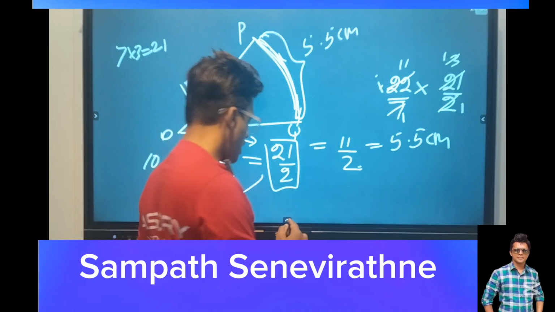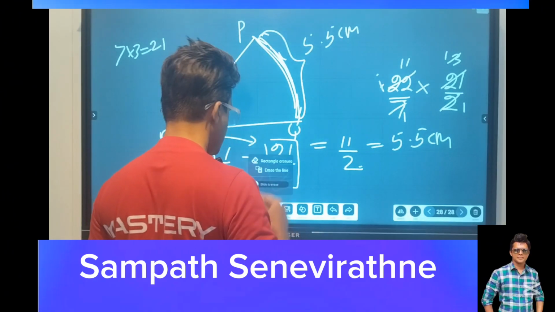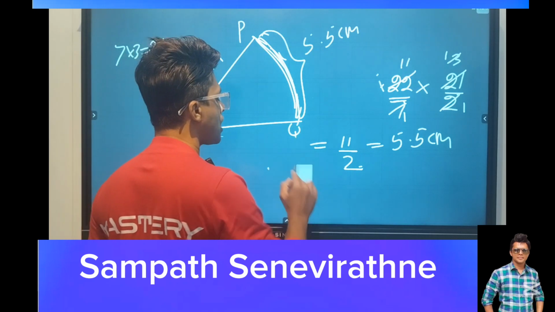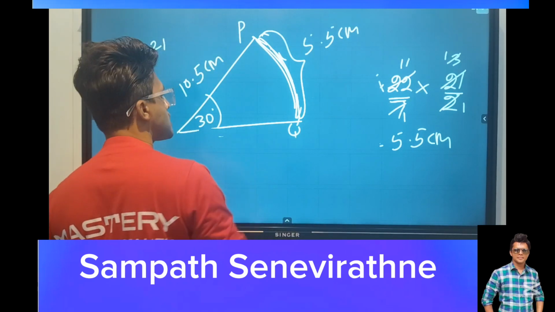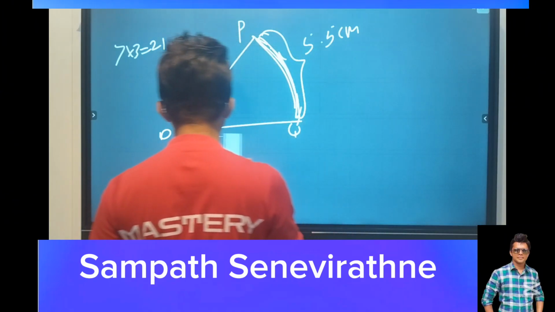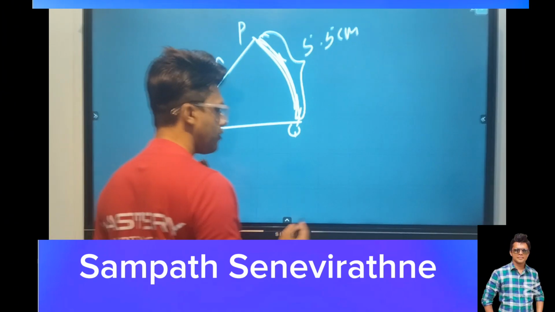So far we learned how to get the arc length of a given sector. Now I will teach you how to get the perimeter of a sector.